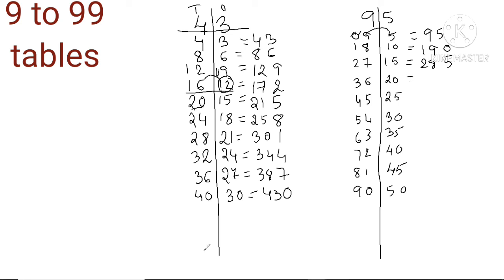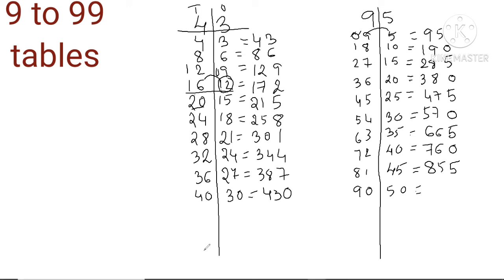Then you write down 0 as it is. 36 plus 2, that is 38. 5 you write down as it is. 45 plus 2, that is 47. 0, 7, 5, 66, 0, 76, 5, 85, 0, 95.